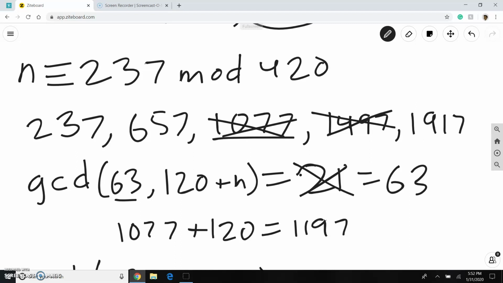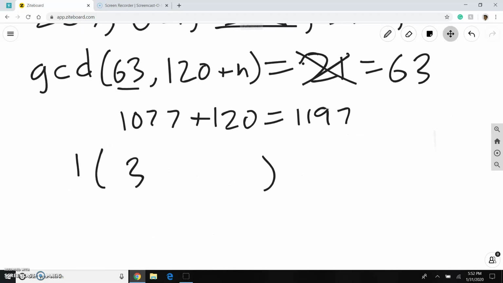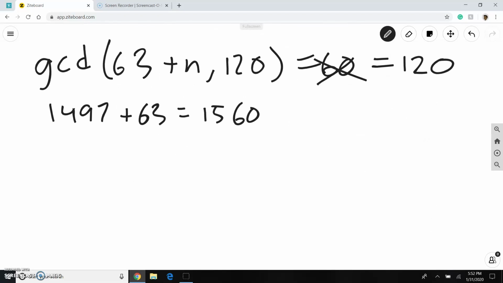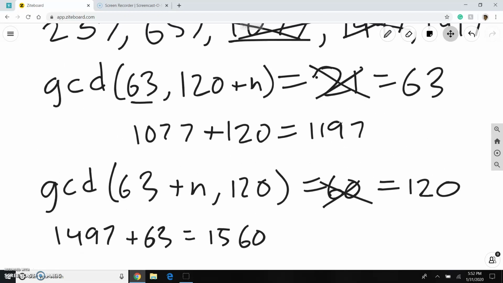And this does in fact work, and we can go through it now. So 1917, by our first expression over here, GCD of 63 and 120 plus n.